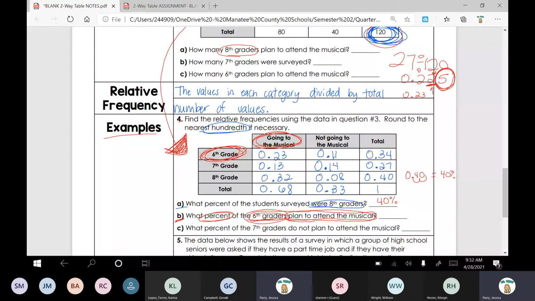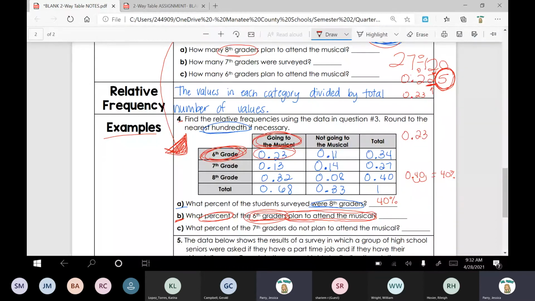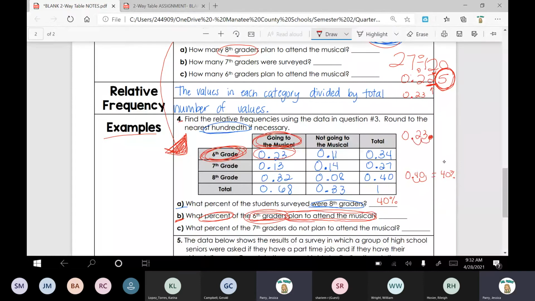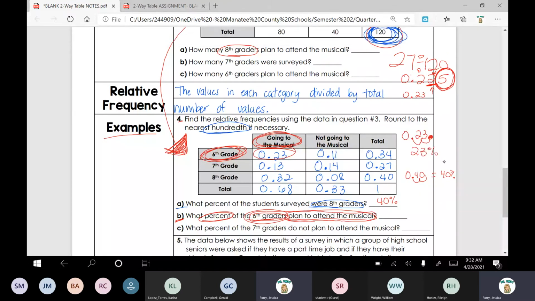So I don't want to put a decimal. I can see that it's 0.23, and to turn that into a percent, all we do is scoot the decimal over 2 times to the right. 1, 2. So then I would get 23%.